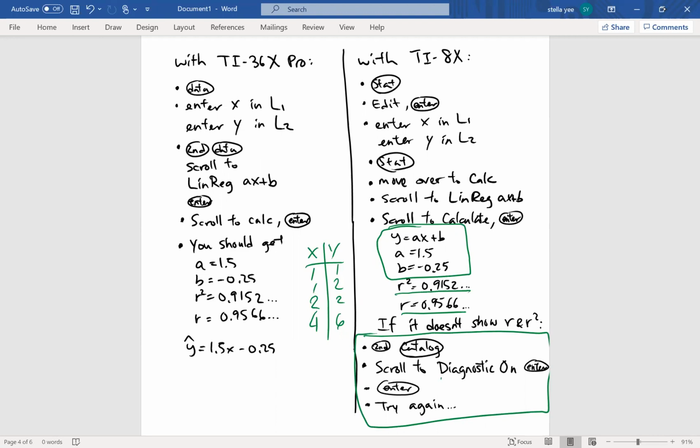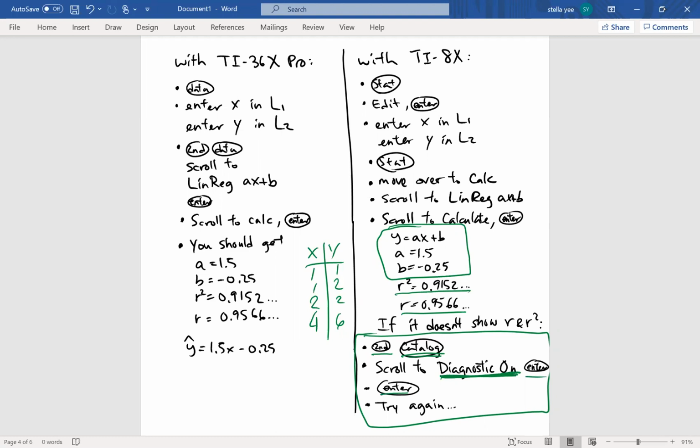So you have to set your calculator so that the diagnostic mode is on. You can get to the command by pushing second and catalog. I think that's the 0 button. Then scroll, it's in alphabetical order, down to diagnostic on and press enter twice.